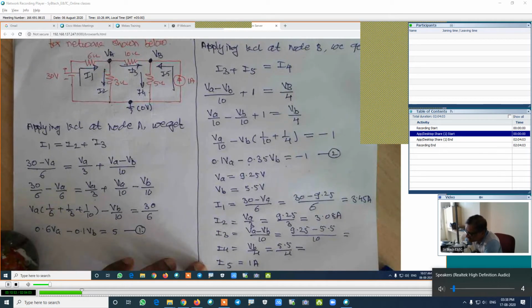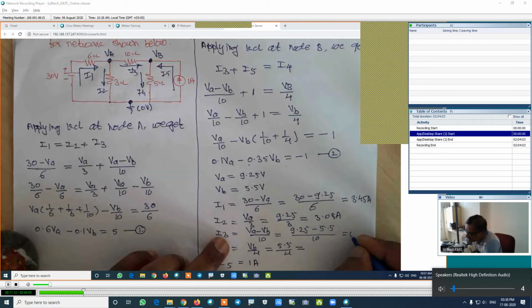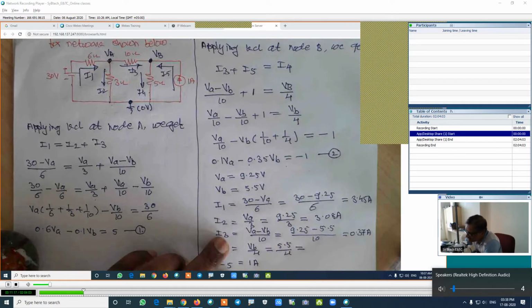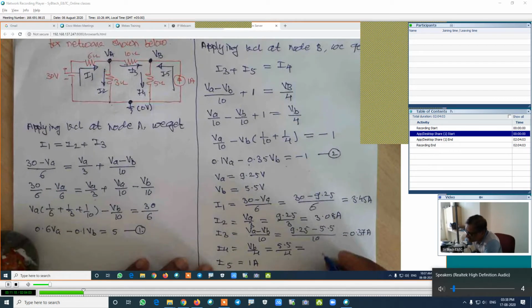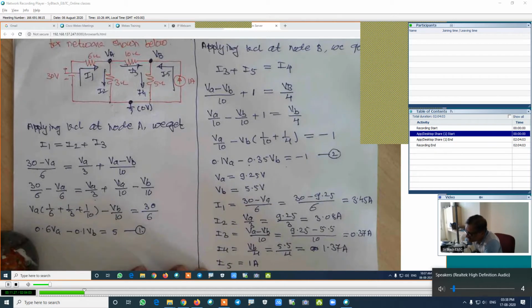Anyone again? Rishikesh. Sir, I3 is 0.375. 0.37 amperes. I4 is 1.375. 1.37 amperes is I4.